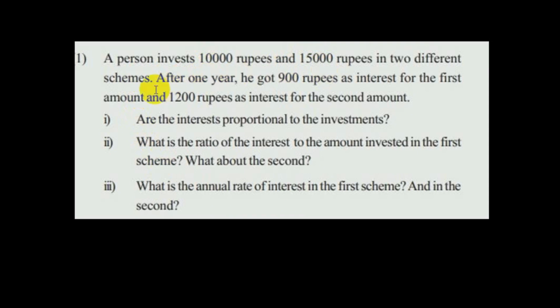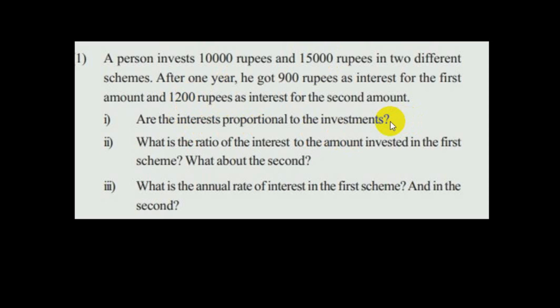Here, a man invests 10,000 rupees and 15,000 rupees in two different schemes. That means in two different banks, maybe like that. In one bank, 10,000 rupees and in the other 15,000 rupees. From the first bank, he got as interest after 1 year 900 rupees, and from the second bank, he obtained 1,200 rupees as interest. Are the interests proportional to the investments? That is the question. And so here, let us suppose the X measure.